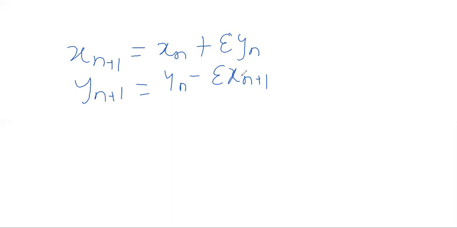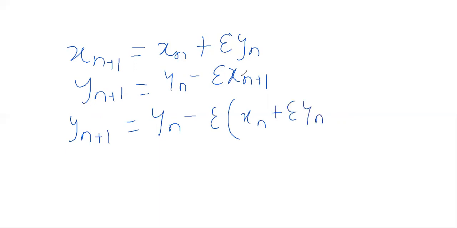Fine. So again, if you want to know how this value came for yn plus 1, okay, so just I will write it. Yn plus 1 is equal to yn minus epsilon. Can I replace xn plus 1 is equal to xn plus epsilon of yn? Definitely yes, right?